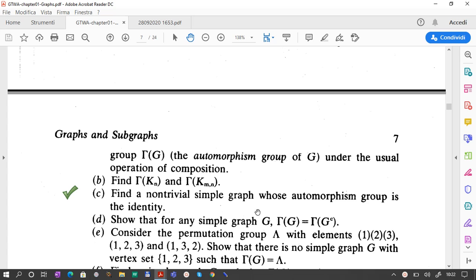And what is asked for here is that this graph has only the identity as automorphism. What is the identity? It is the most simple automorphism, which is always there for any graph, sending each vertex to itself, each edge to itself. This trivially enjoys all the properties for an isomorphism.